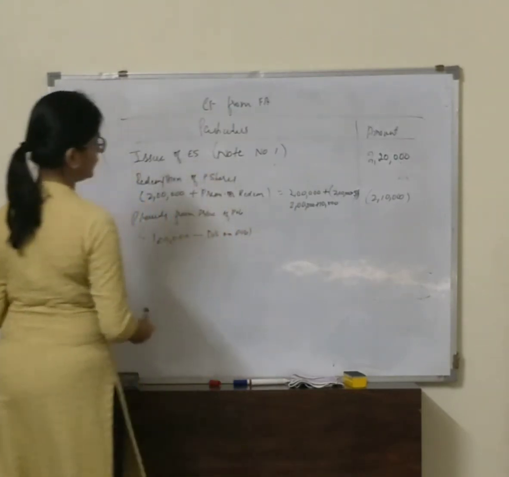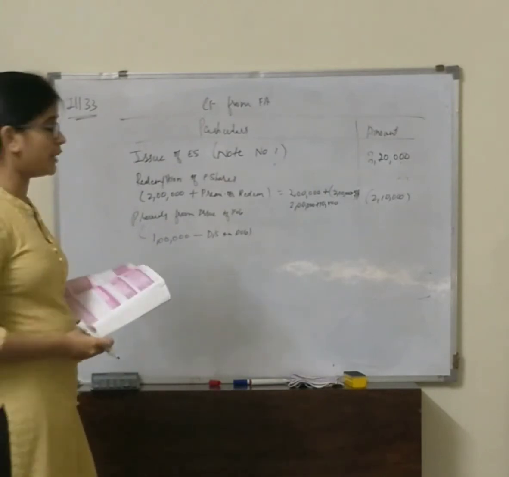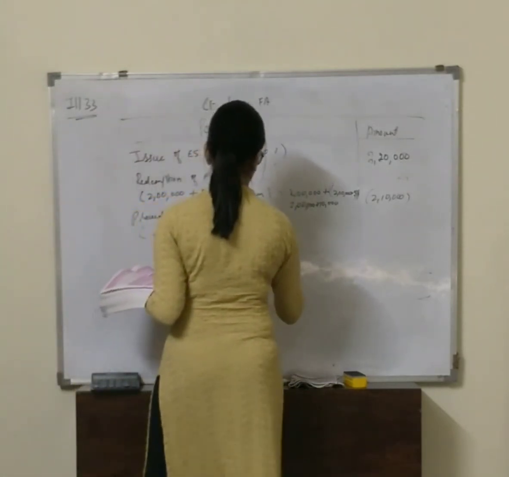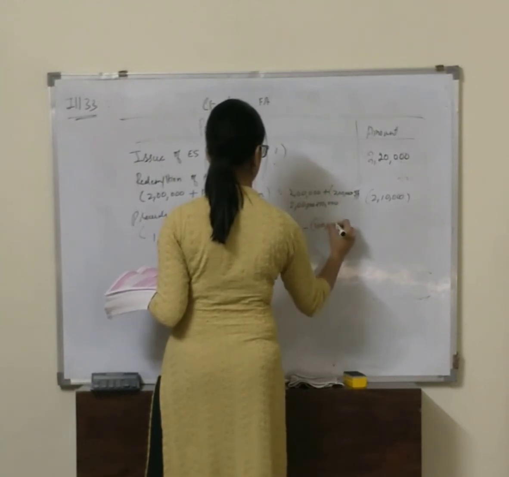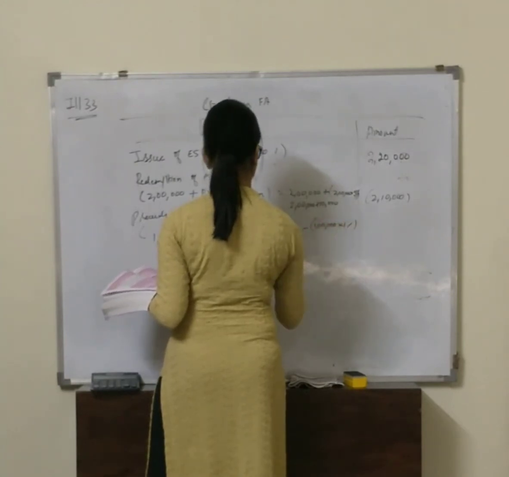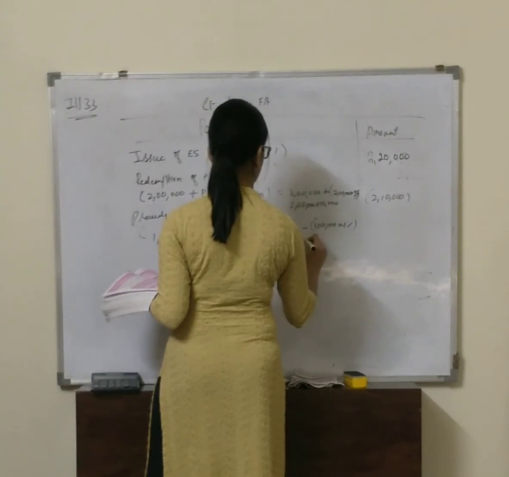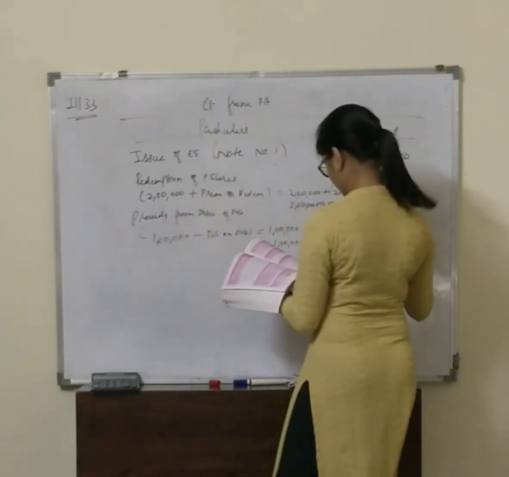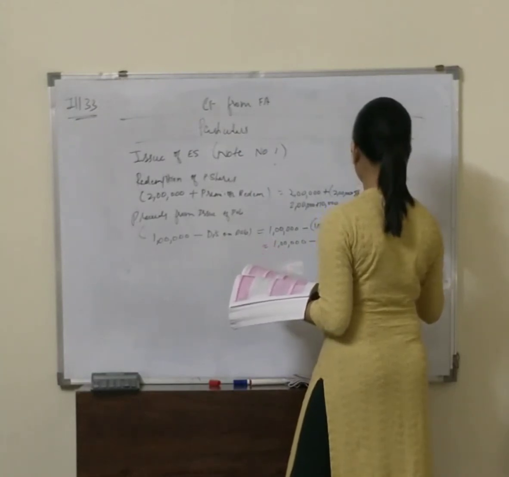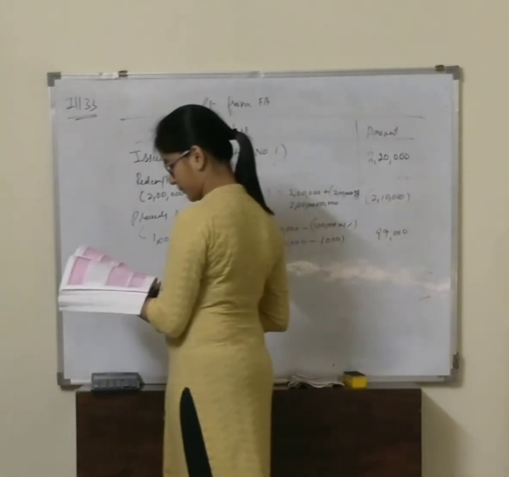Whenever there is a discount, it is deducted. Whenever there is a premium, we add it. So it is 1 lakh minus 1 lakh into 1%, that is 1 lakh minus 1,000. So we get 99,000 as our fresh issue of debentures.